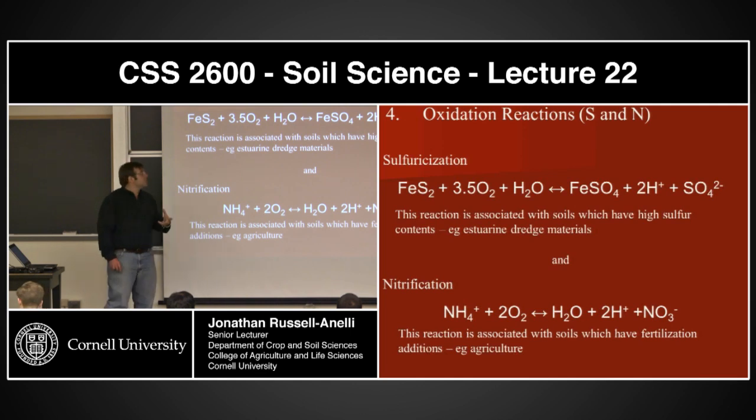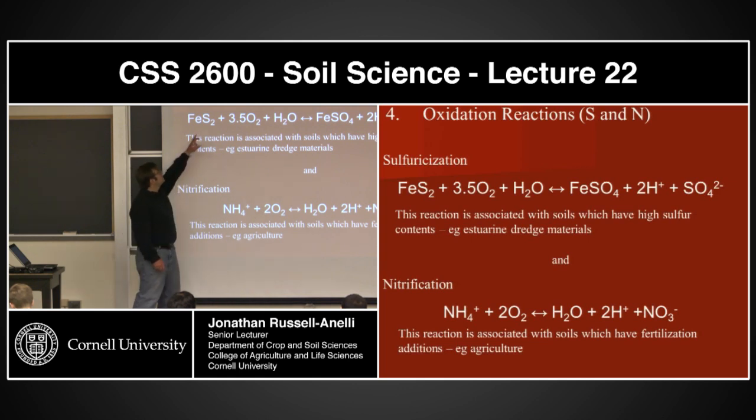The next reactions are basically oxidation reactions, and there are two of them that I want to talk about. One is sulfurification and one is nitrification. Sulfurification is basically a sulfide versus a sulfite. In essence, this is a reduced sulfur. It was used as an electron acceptor in an anaerobic system.